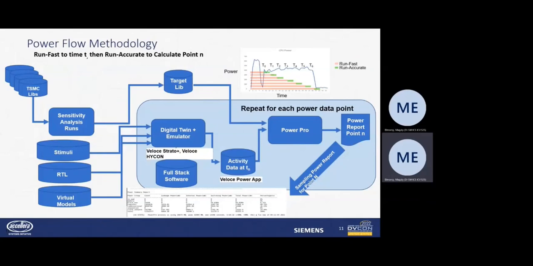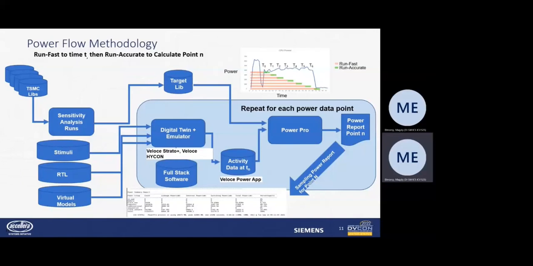We have the RTL available, and we have a virtual model of this RTL of our design. We use the real stimulus to stimulate the virtual model in order to know the activity, and then we switch from the virtual model to the actual RTL model in order to inject those activities into the RTL to determine the switching and alpha of each and every node.